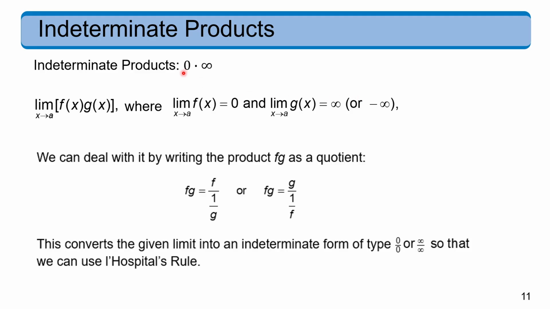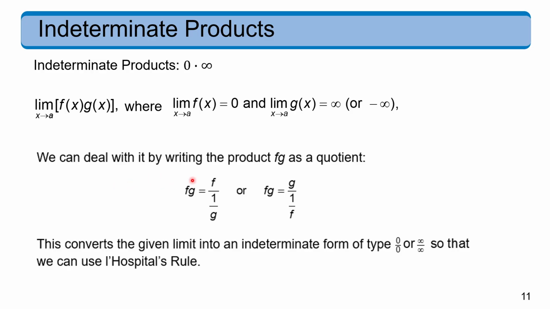So that results in this form. We call this the form 0 times infinity. We discussed those two limits are competing against each other, so that it's unclear what the product will be approaching.